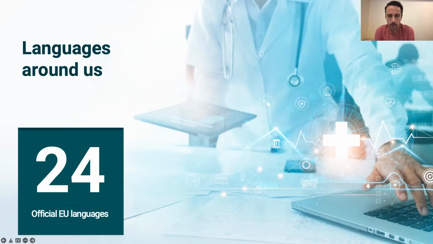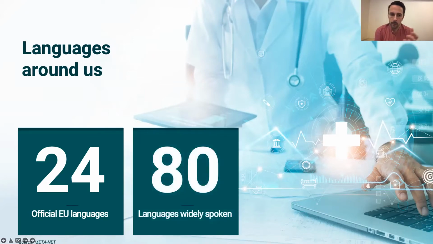But that's not all, because these are the official languages; widely spoken, there are 80 different languages across the region. So diversity is one of the main characteristics when it comes to languages in the European Union.